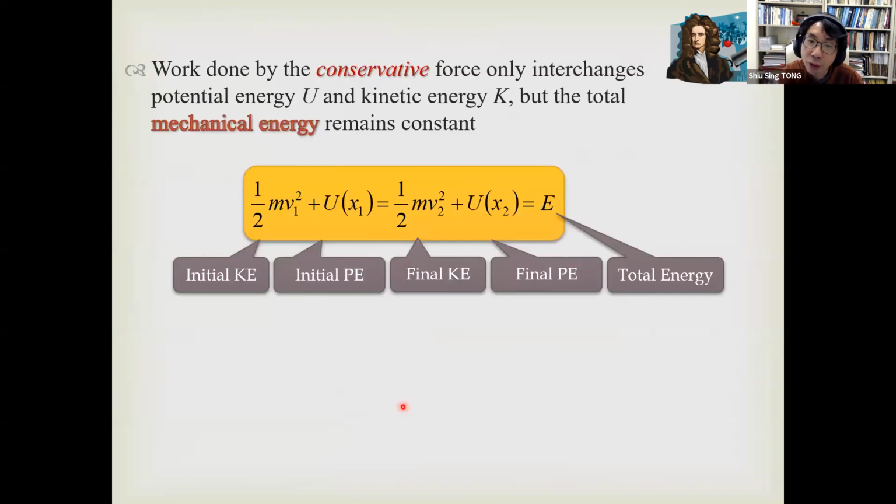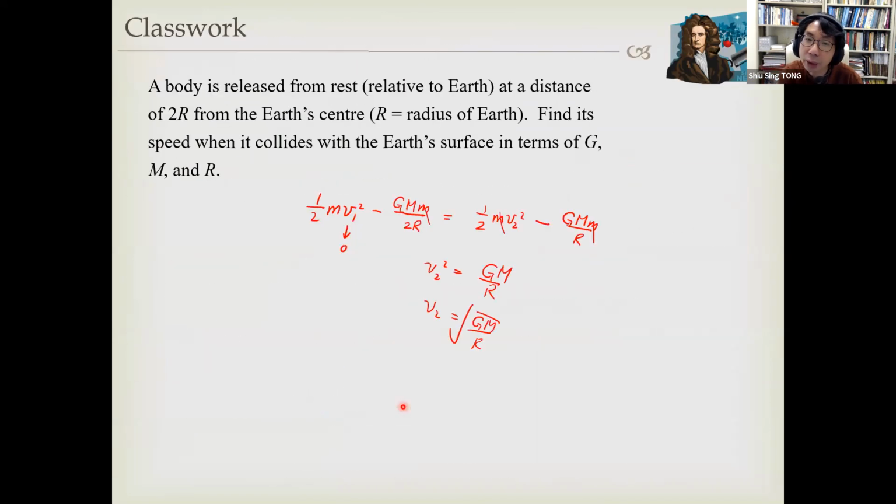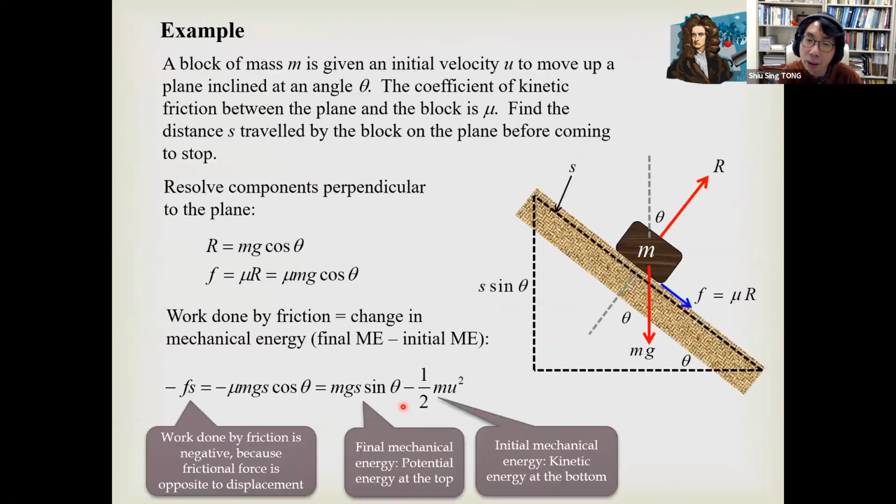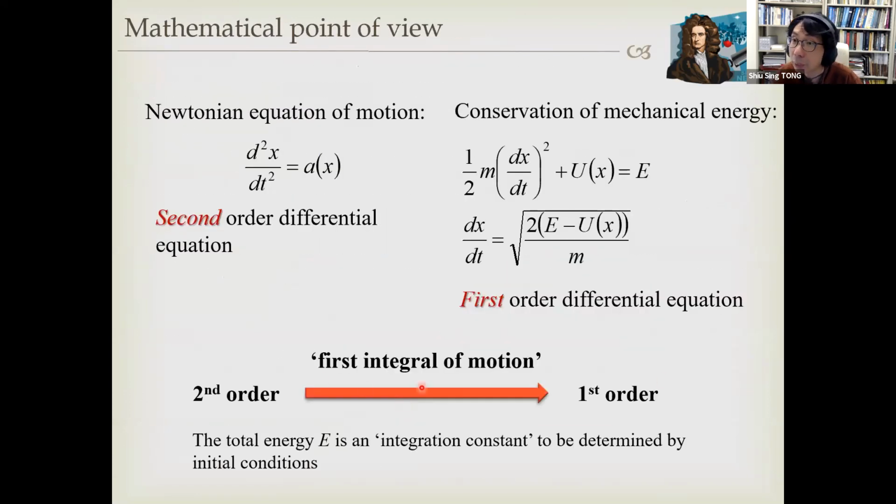So the two formulas are just related to each other by an integration. But the integration must involve an integration constant, right? And that integration constant is exactly what allows you to impose the initial condition. But now the initial condition does not appear as the initial position and the initial velocity.